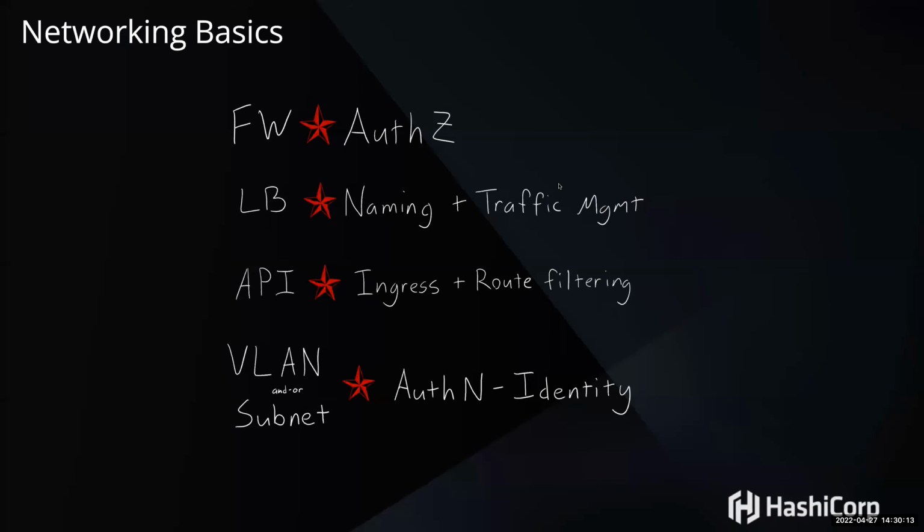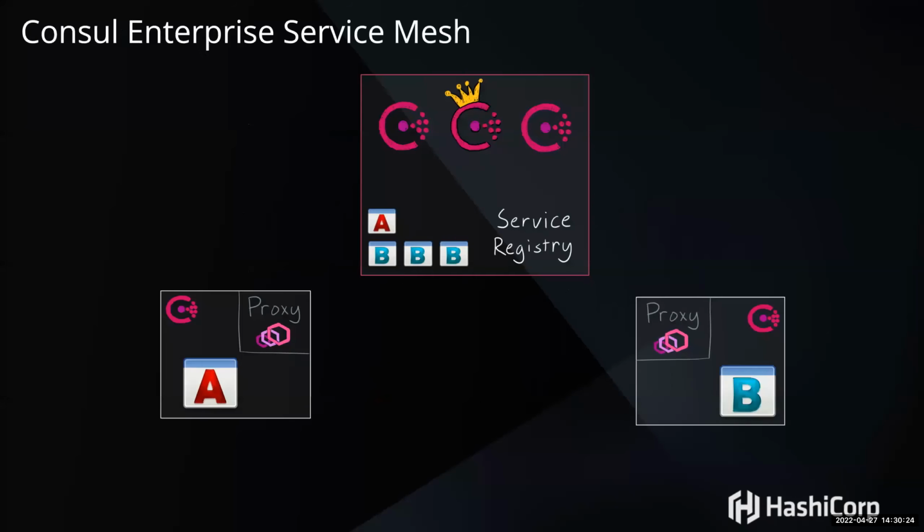Again, a recap in terms of the network basics. We understand authorization for firewalls, and you've seen this slide now, I guess the third time, so I'll skip all that. All right, so from a ServiceMesh standpoint, I briefly glanced over what this meant in the first section.